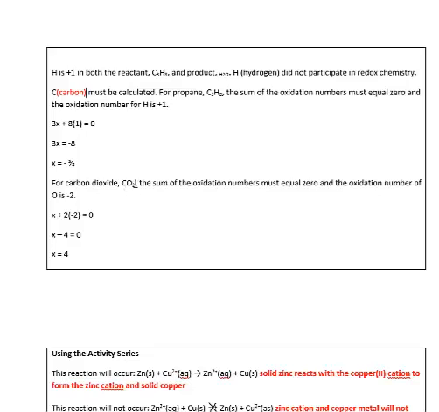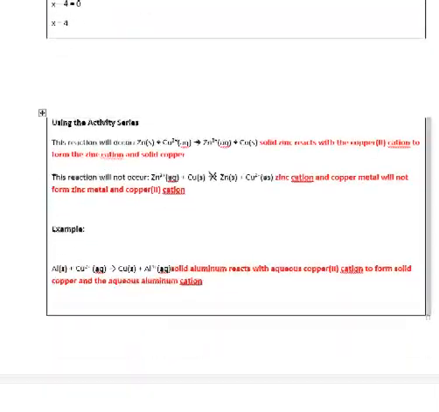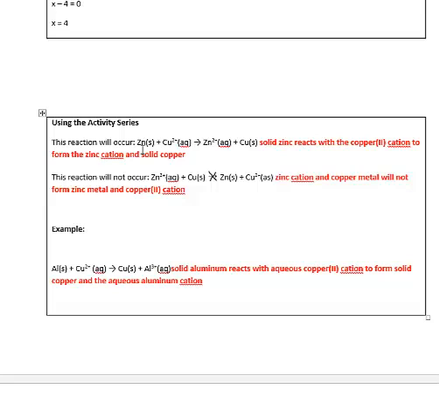For carbon dioxide, CO2, the sum of the oxidation numbers must equal 0, and the oxidation number of oxygen, this O means oxygen, is -2. X plus 2 times -2 is equal to 0. X minus 4 equals 0. X equals 4.